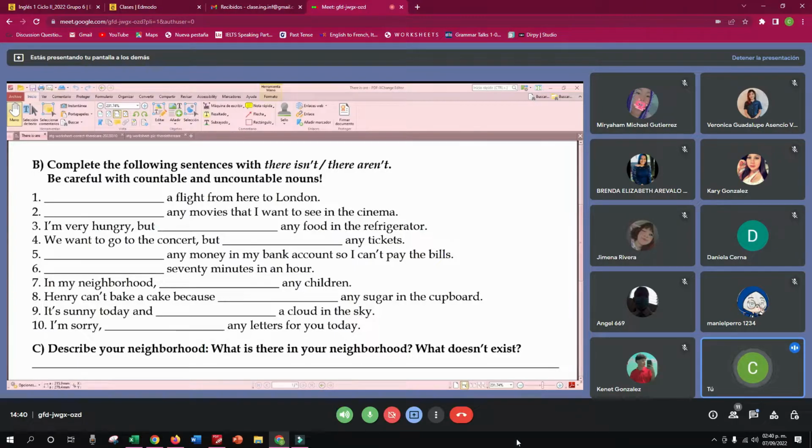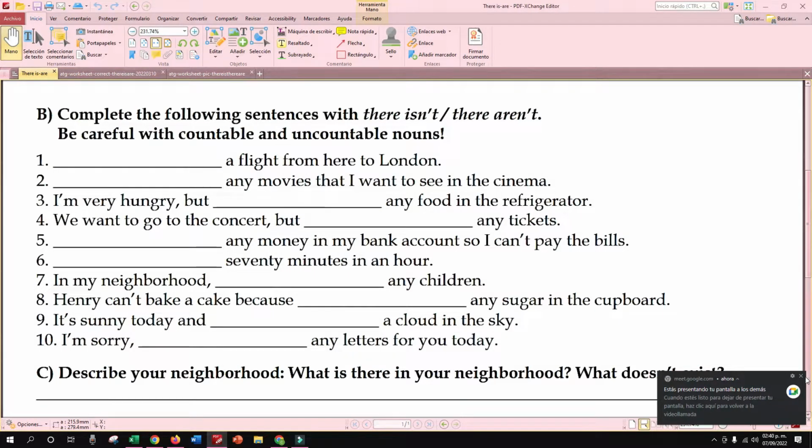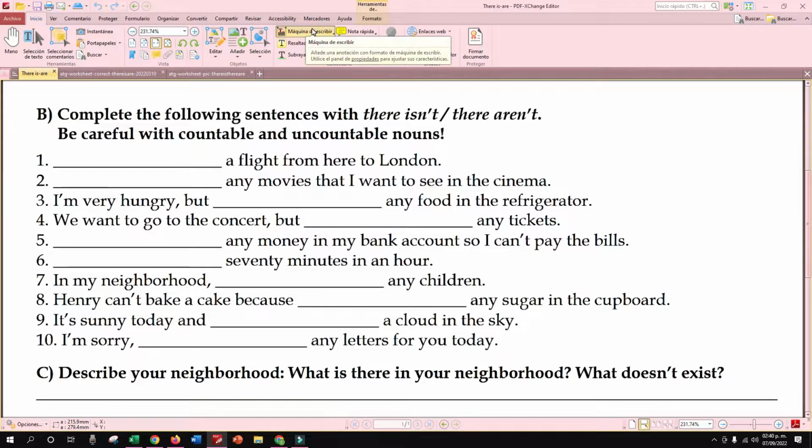So guys, we're going to do this activity together, okay? You're going to use there isn't or there aren't. Solo la forma negativa, ¿verdad? Las negativas.